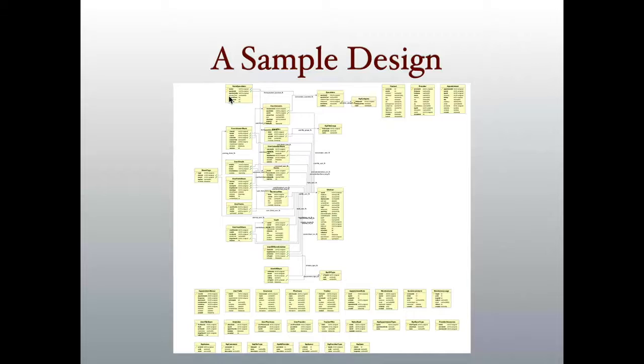We've used this spreadsheet example, but now jumping to an actual database design, here's an entity relationship diagram for a database. I want to show you some things here. Think of each of these little yellow boxes as a worksheet in an Excel spreadsheet. Each of these is a table.